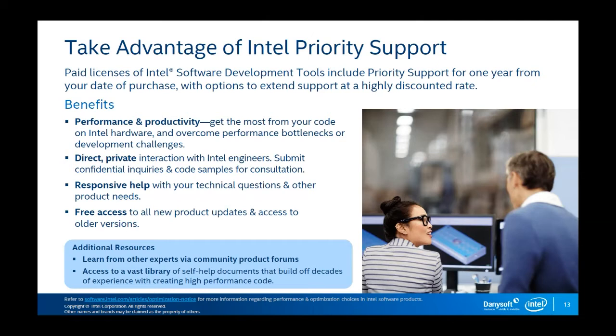In addition, technical queries with Intel engineering are also available, and you can access updated products and old versions, which sometimes is interesting. For example, when you are using node hardware such as Xeon Phi, and you would like to test some of your code, how the scalability will be in this type of architecture if you have one or you bought one some years ago.